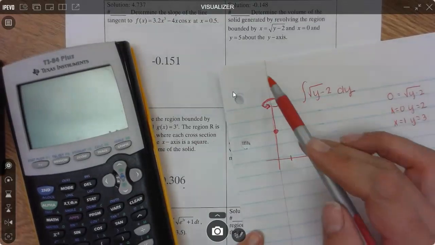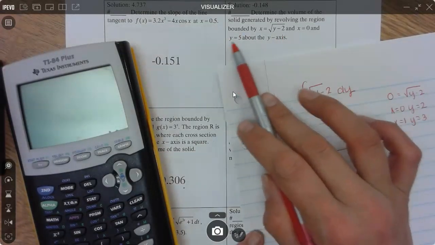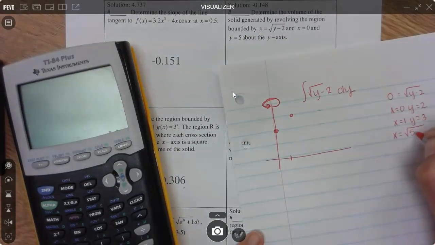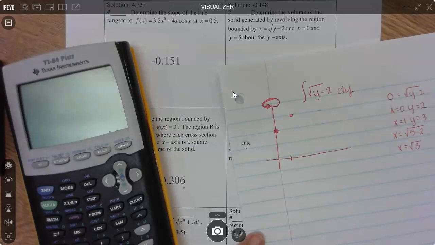And then it says we go all the way out to y equals 5. So similarly, I'm going to solve all the way out to 5 on y. Which is annoying, they picked 5 because the square root of 3 is not a commonly known number.